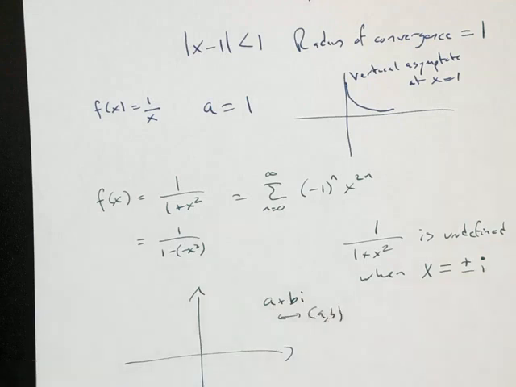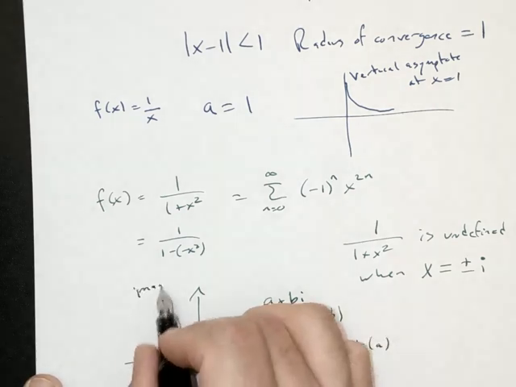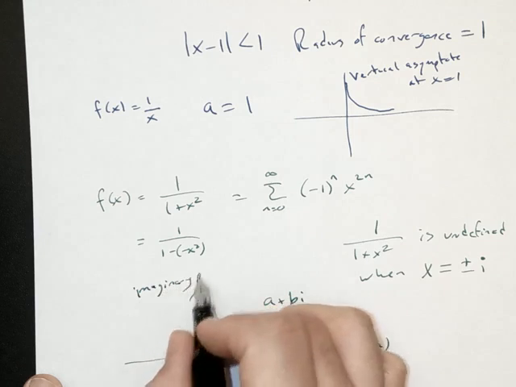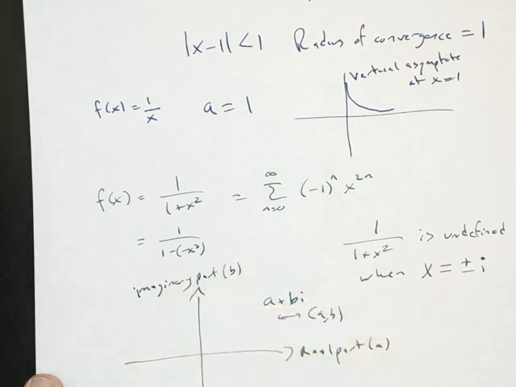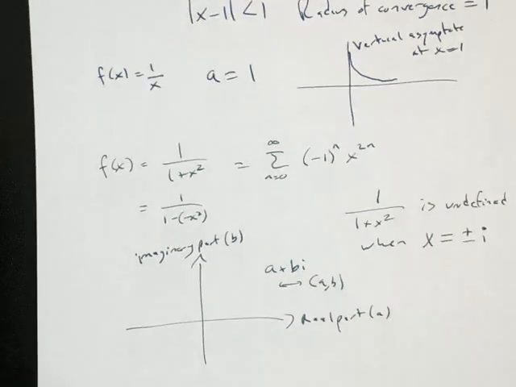You take the complex number a plus bi and you graph it at the point (a, b). So what you're really graphing is on the xy plane, but you're graphing the a part, the real part, in the x direction, and you're graphing the imaginary part in the y direction.